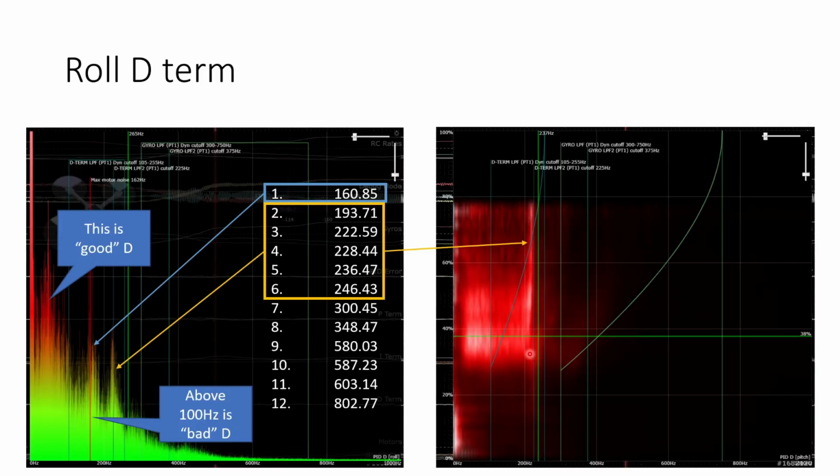If this was a motor noise effect, we would expect it to vary a bit with throttle, because the motors spin faster at higher throttle and therefore should generate higher frequencies. But the fact that it's stable across the whole throttle range really points to us that it's not to do with the motors, it's to do with a frame resonance.